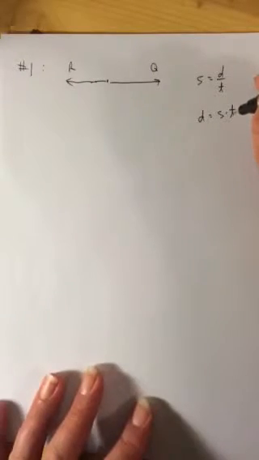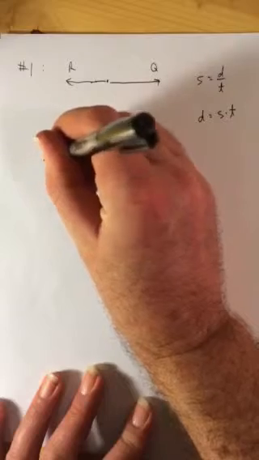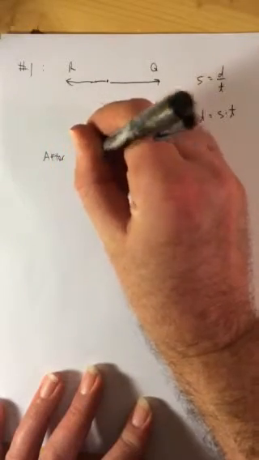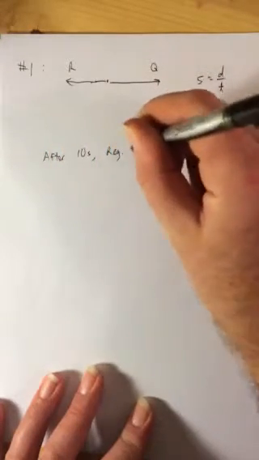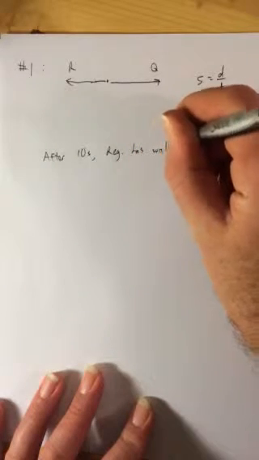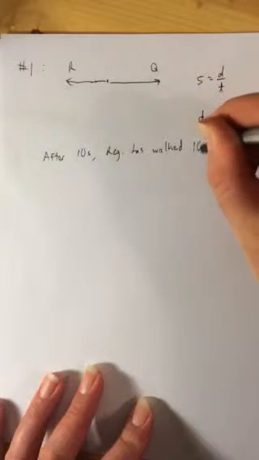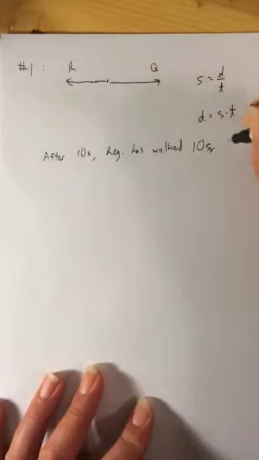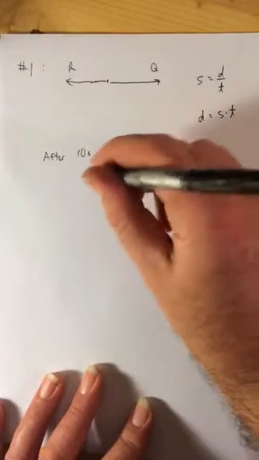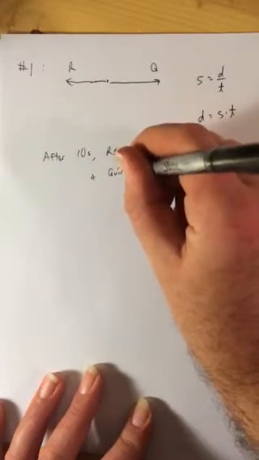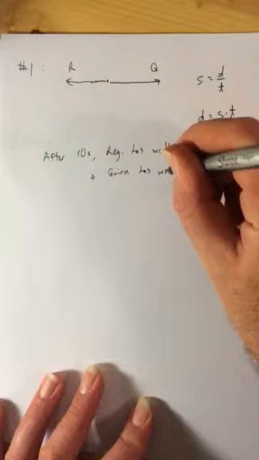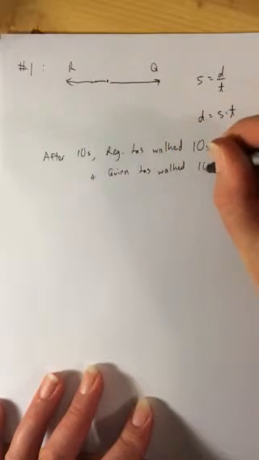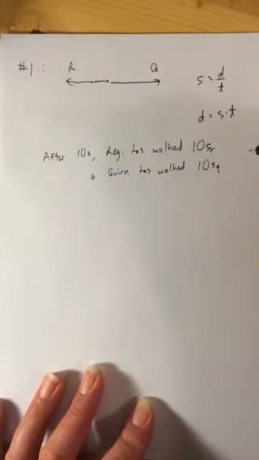So now what this means is after 10 seconds, Reginald has walked 10 times, let's say, SR, where that's the speed that he's walking. We don't know what it is. And Quinn has walked 10 times, let's say, SQ.